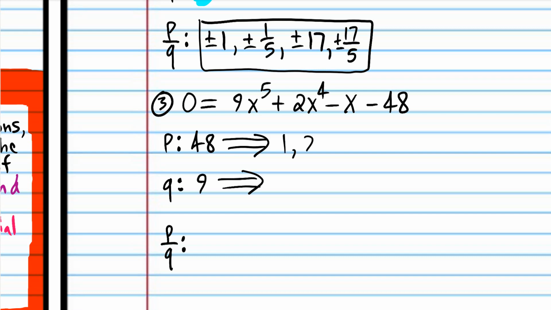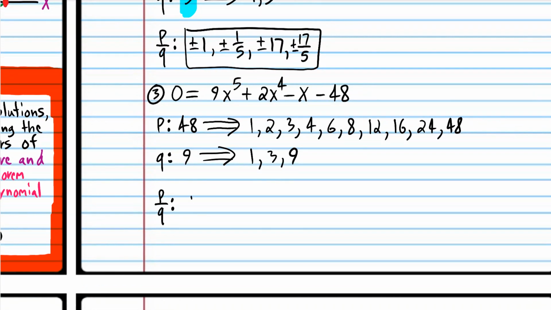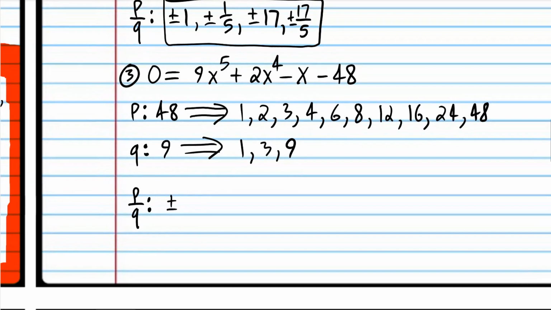So for 48 we have quite a few: 1, 2, 3, 4, 6, 8, 12, 16, 24, and 48. And for 9, we have 1, 3, and 9. So there's going to be quite a few options here.